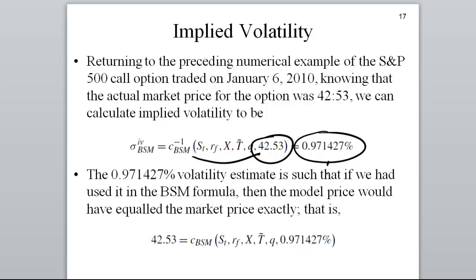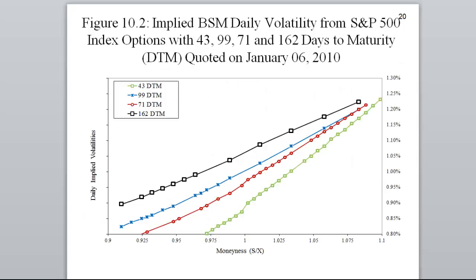That means that when we feed this implied volatility into the Black-Scholes-Merton model, we're going to recover exactly this 42.53 option price. If we do this for all the options that change across strikes, then we're going to have the moneyness. So S is going to be constant, then X is going to change. That means we're going to have several different strikes.